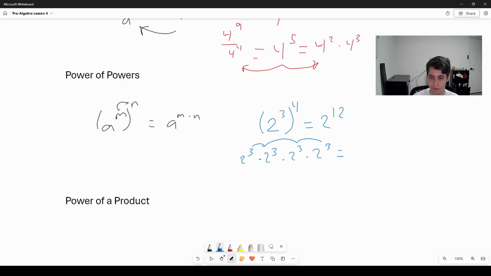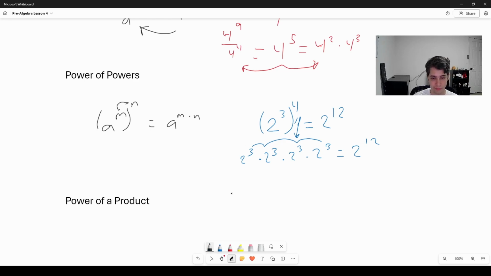And if we think about that, 3 plus 3 plus 3 plus 3 is 12. Right? So power of powers is a rule that's actually coming from the product of powers we just talked about, where we're just saving ourselves some time and acknowledging that because there's going to be 4 of these 3's and we're adding them all together, we can just do 3 times 4. So hopefully you remember that one because it will save you a lot of time.